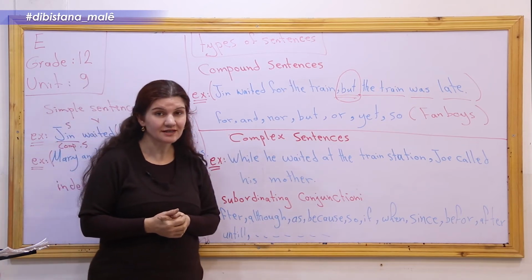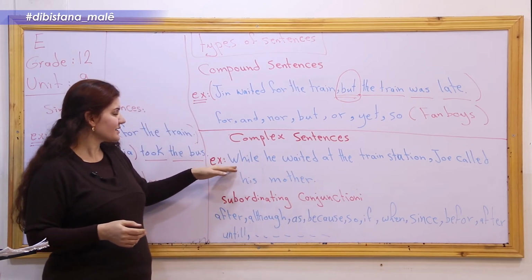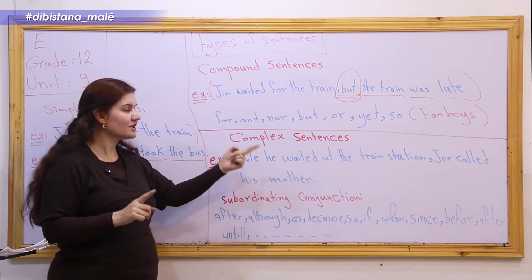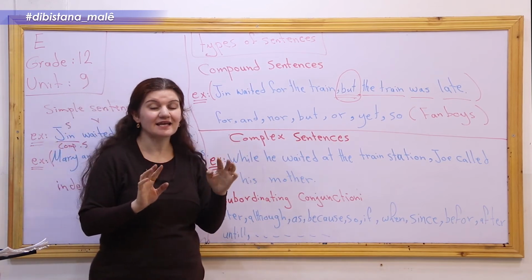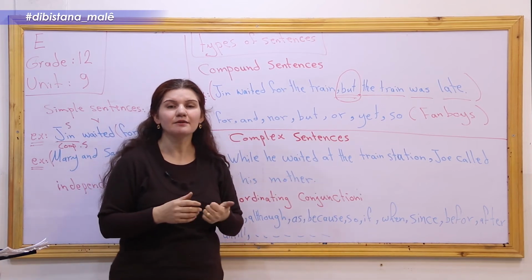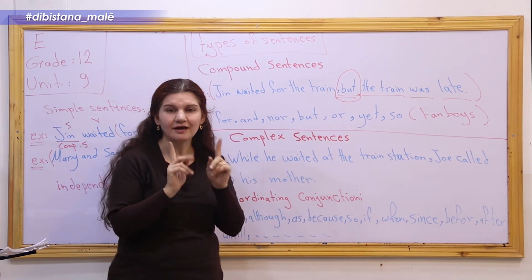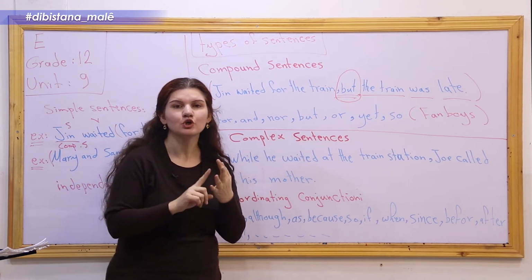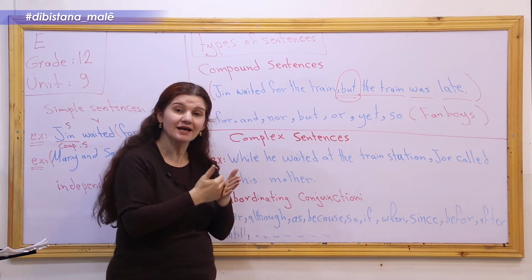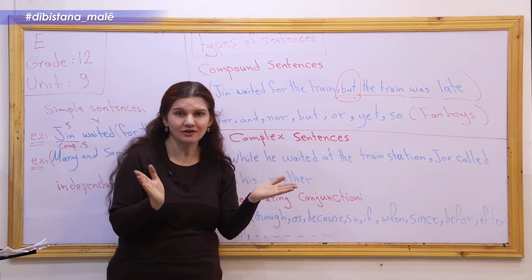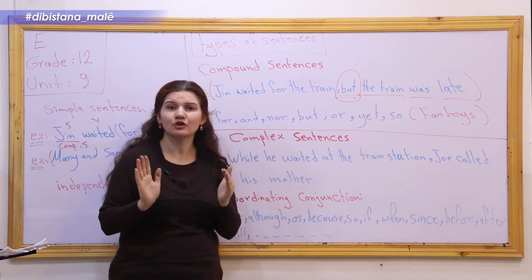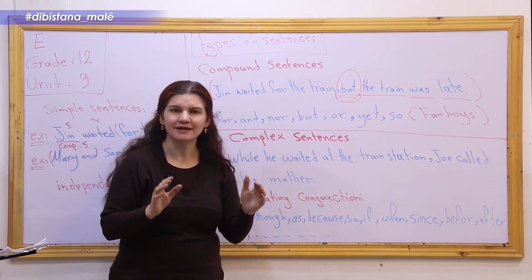What is a complex sentence? A complex sentence has two parts: one is a dependent clause, but the other one is an independent clause and it can stand by itself.